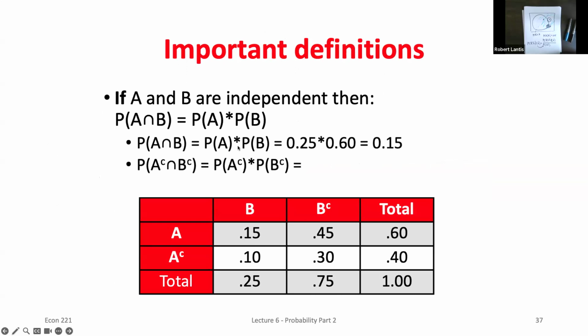Okay. And a weird thing that ends up happening, and intuitively I think it makes sense, is that if two events are independent, then their complements are independent as well. So this is the idea: let's say intelligence and height are independent, right?